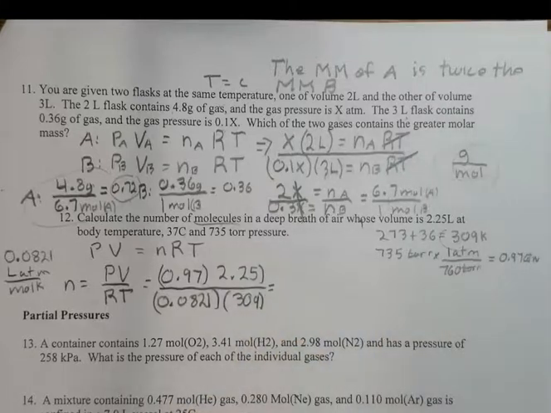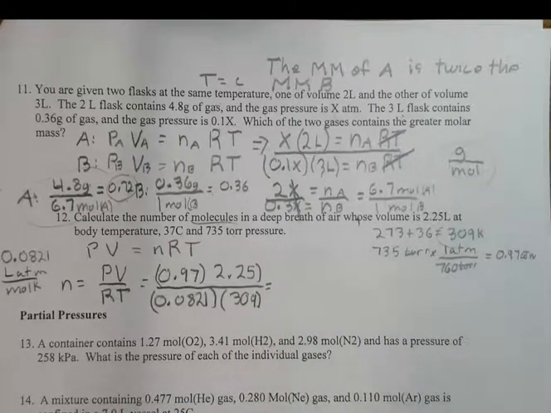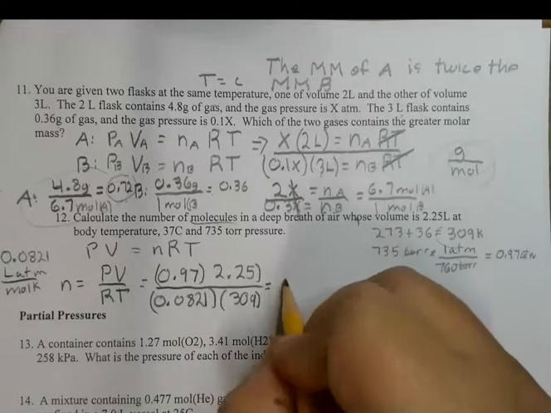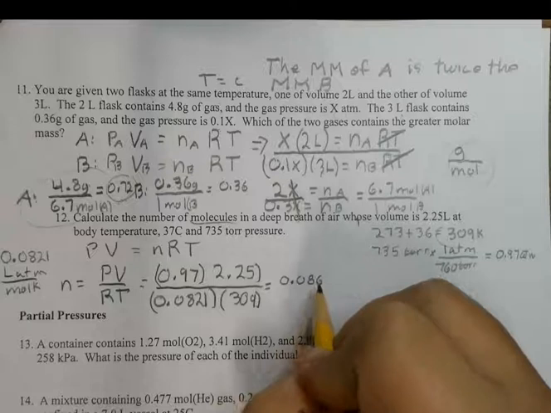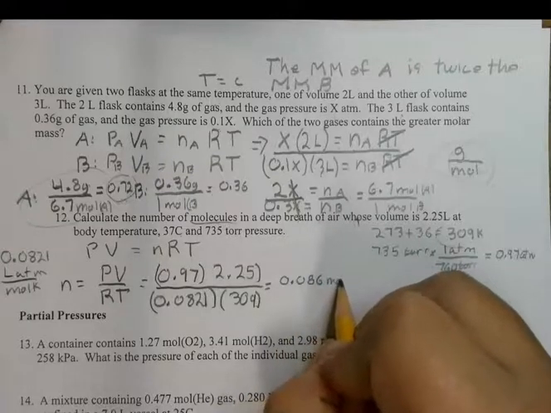So that's going to give us the number of moles, and that's going to be 0.97 times 2.25 divided by 0.0821 divided by 309. That gives us 0.086 moles.